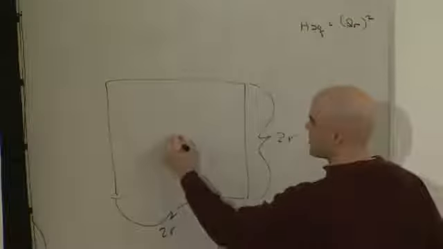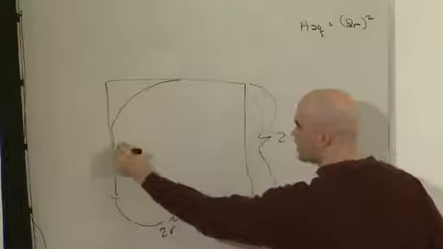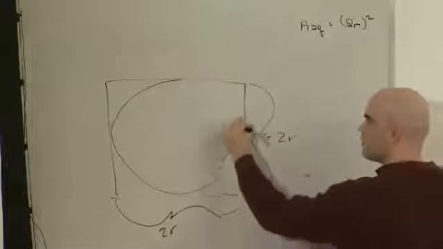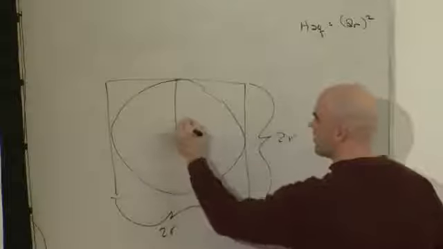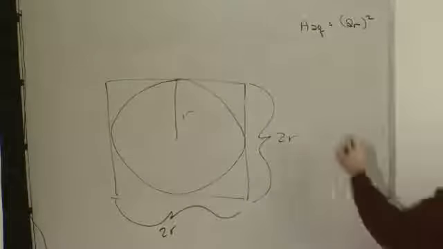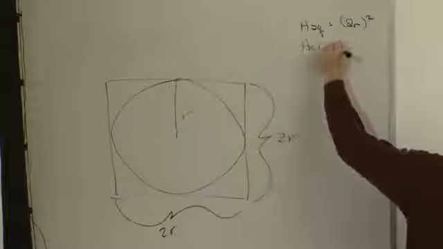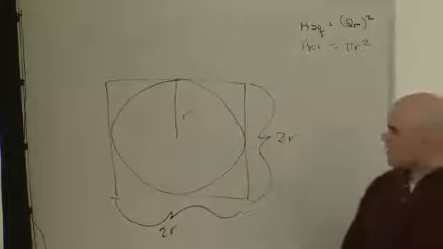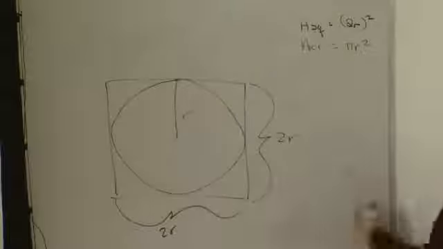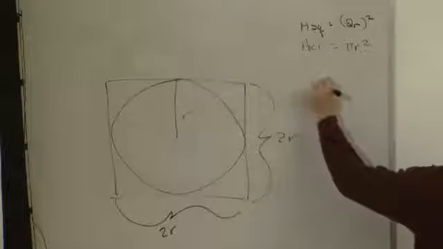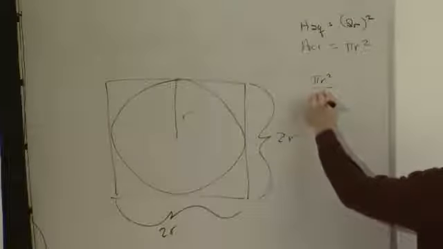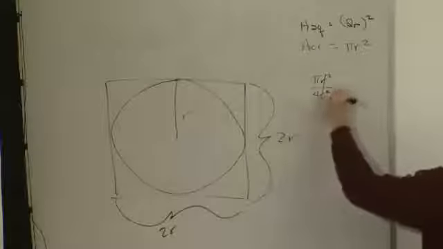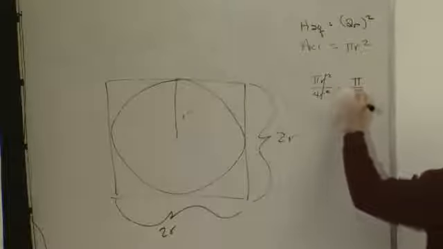Now we have a circle that's inscribed in the square, and it's got a radius of r. So that's the area of the circle. If we take the ratio of the area of the circle to the area of the square, then we find we have pi over 4.